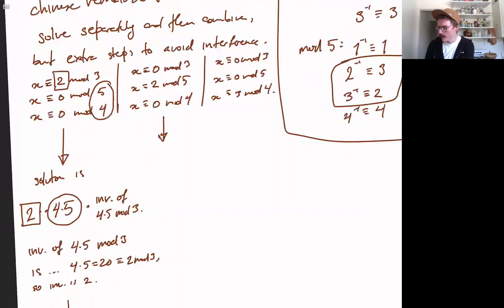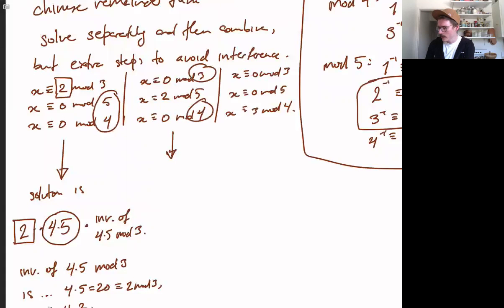We need an inverse of 3 times 4 mod 5. So this is 12. So 12 is congruent to 2. The inverse is 3, as we saw over here.